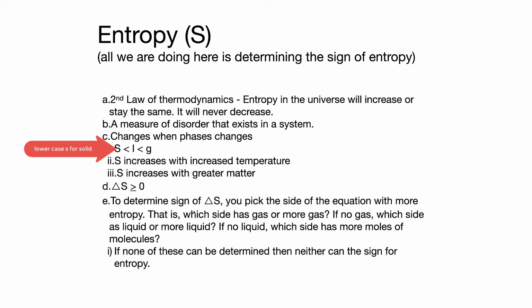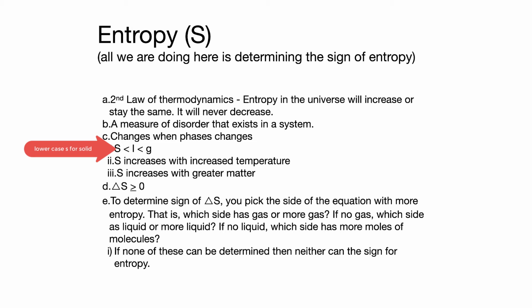Well, okay, it can be less than 0, but like I said, because of the energy in the environment, it can account for that. But in our chemistry, to determine the sign of entropy, you basically pick the side of the equation with more entropy, with more chaos.